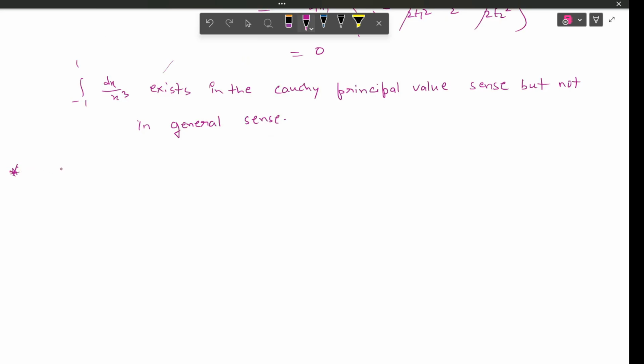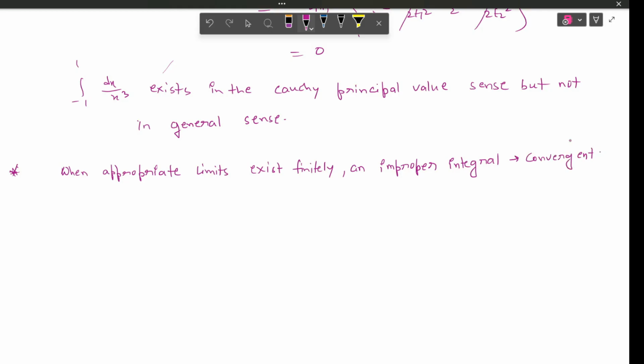When appropriate limits exist finitely, an improper integral is said to be convergent.